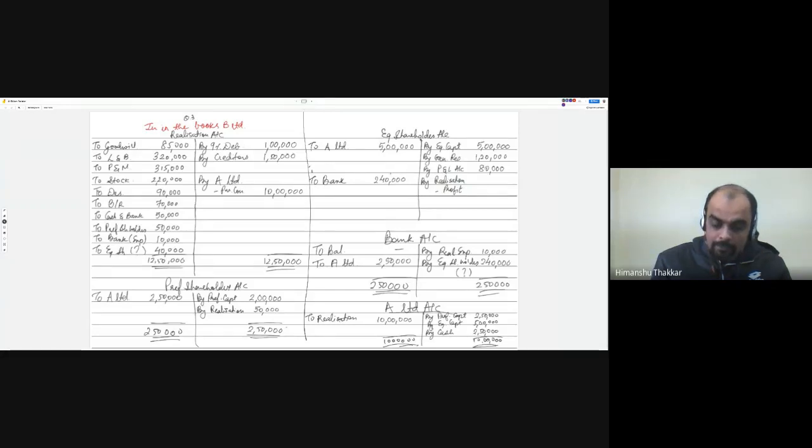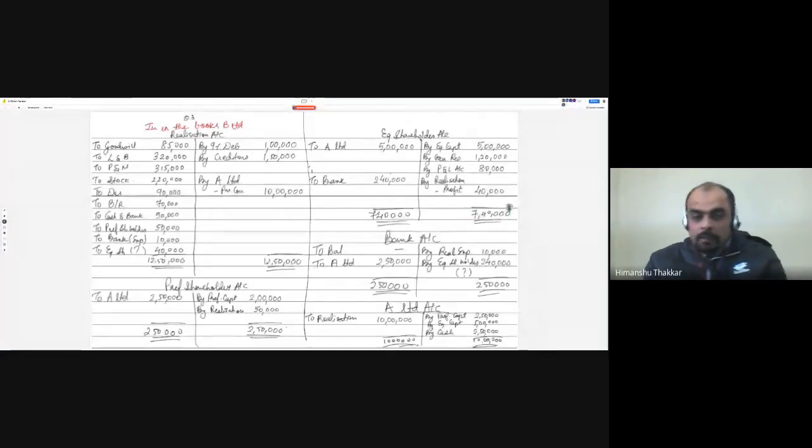Now you can do the total and it will be 7 lakh 40,000 and it will get tallied. Your accounts are done. Done preparing the accounts.